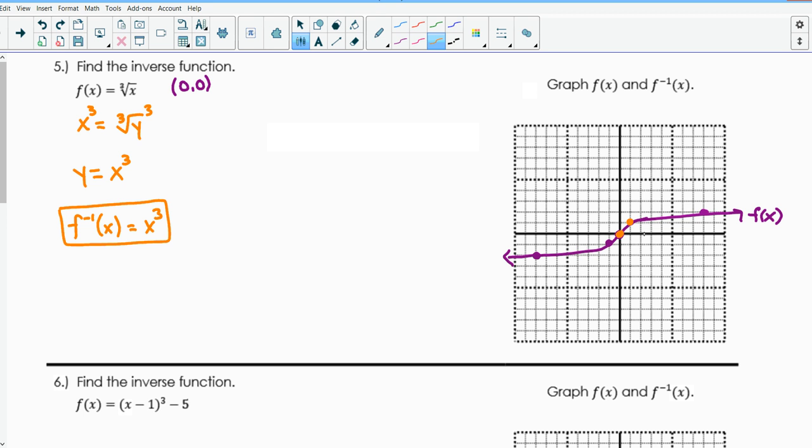If I move right 2, 2 cubed is 8. Notice that whatever I move, I'm performing the operation. And then I can move left 1. -1 cubed is -1. -2 cubed is -8. So I get this function. So if I connect, it looks like this. And I'm going to state that this is my inverse function.